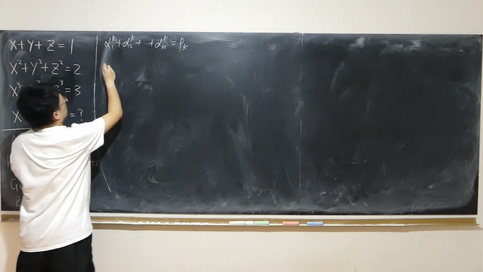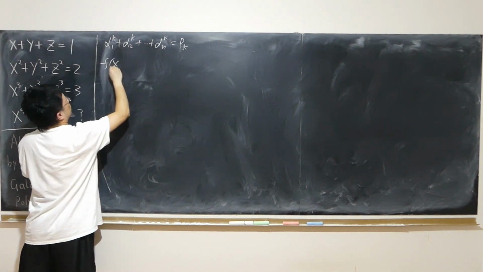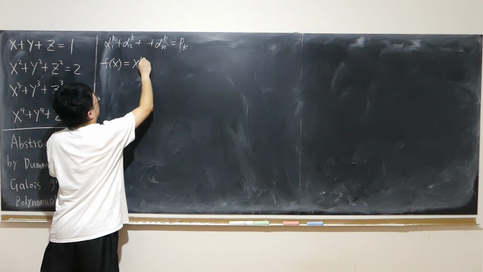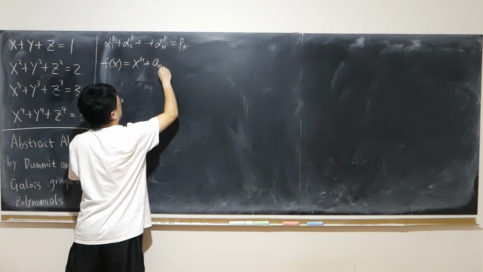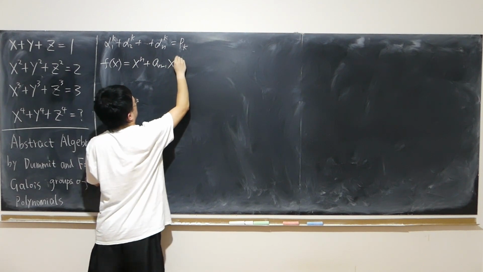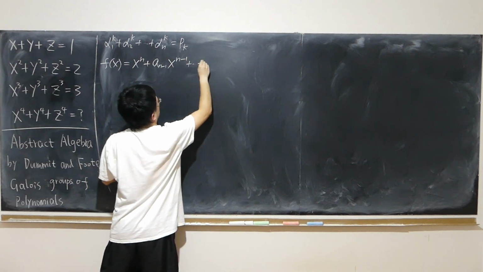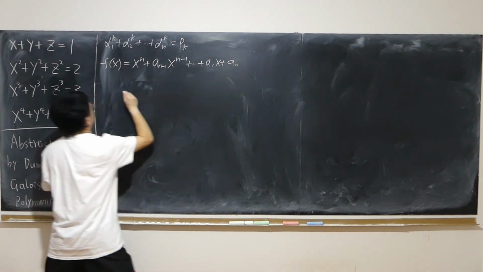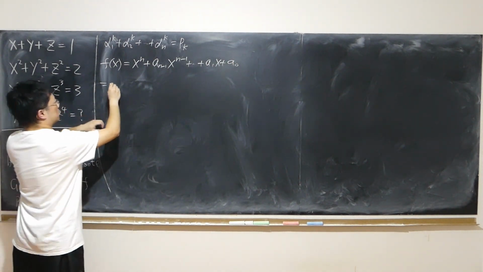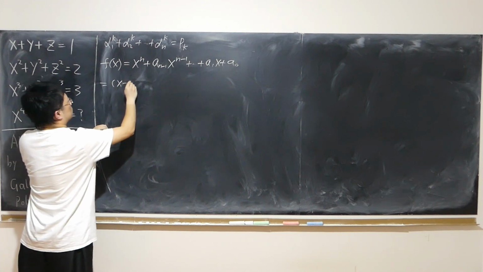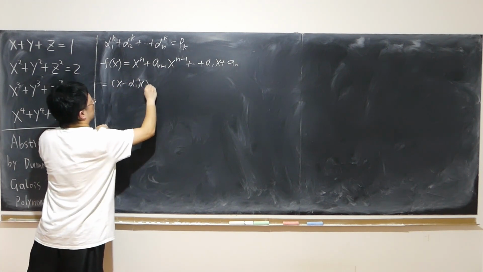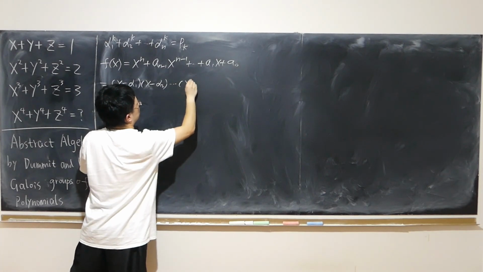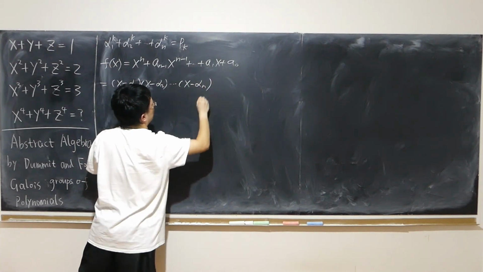So let's look at the monic polynomial x to the n plus a n minus 1 times x to the n minus 1, all the way up to a1 times x plus a naught. It can be factored into x minus alpha 1 times x minus alpha 2, all the way up to x minus alpha n.